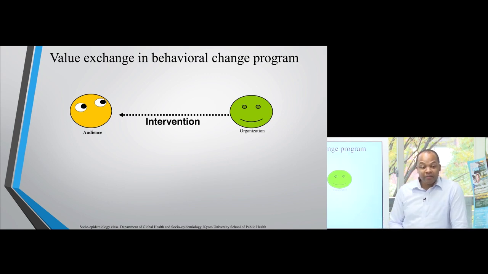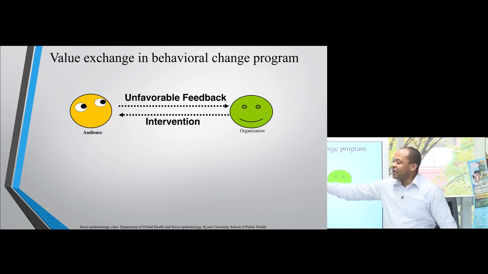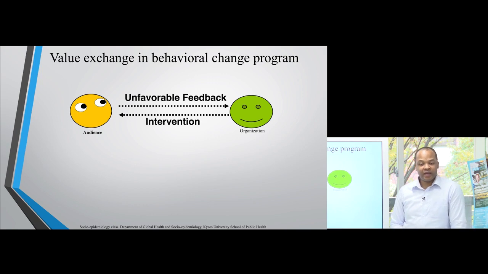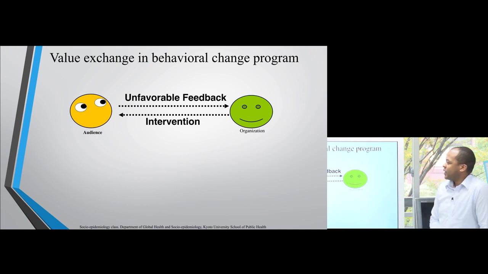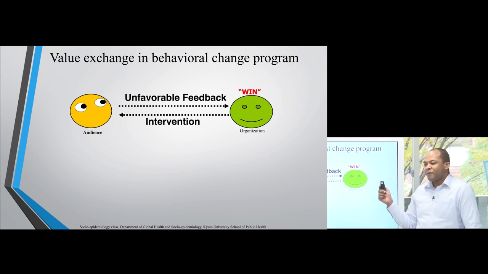And oftentimes, not always, we receive, as public health officials or epidemiologists, unfavorable feedback from our target audience. Maybe because they didn't like the intervention, or maybe because they didn't think it was suited for them. So there's only one winner in this scenario.